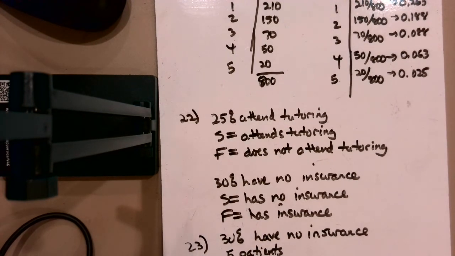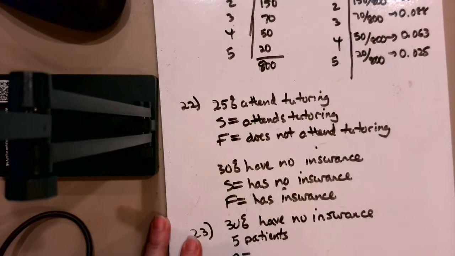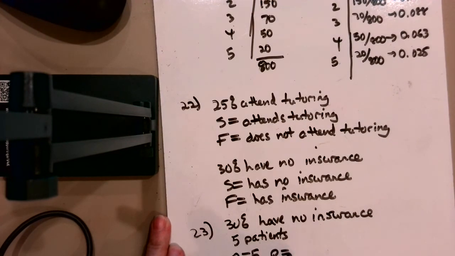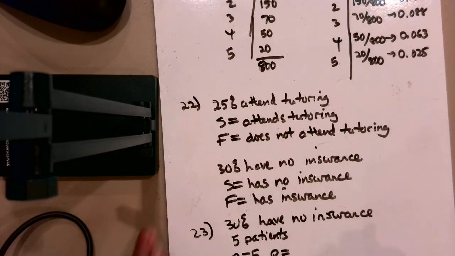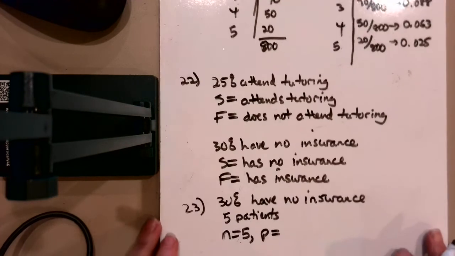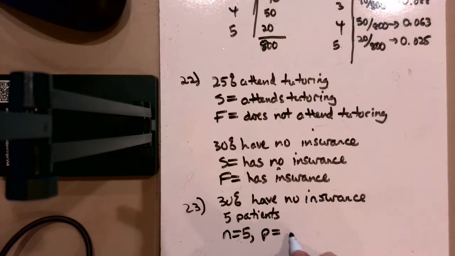The random variable represents the number of people who have no insurance. Identify N, P, Q, and the possible values of X. Okay, so N is the number of trials, 5. P is the probability of success, that someone has no insurance. Again, not a success in life, but that's a success in the problem, so that's 0.30.